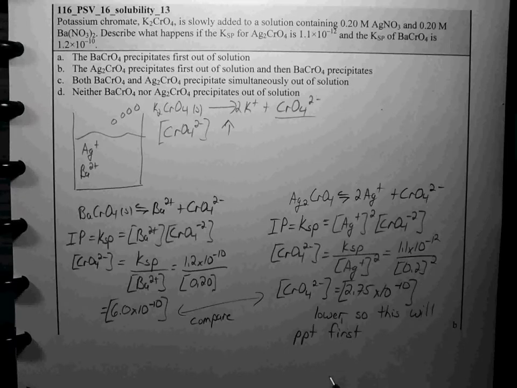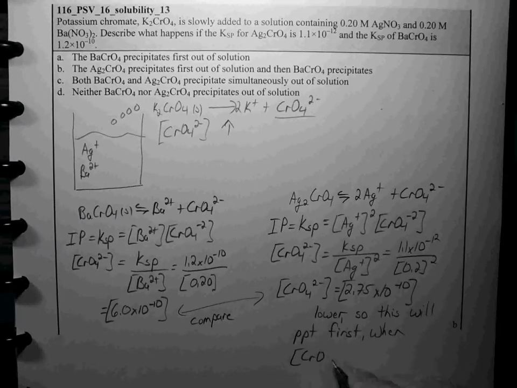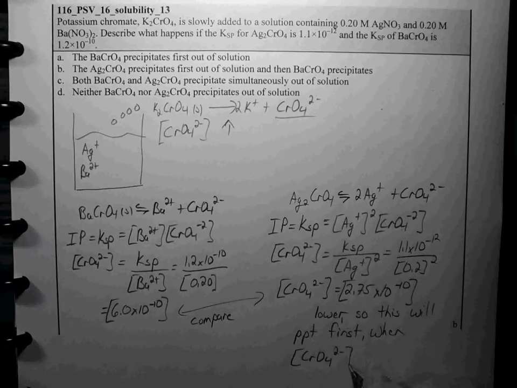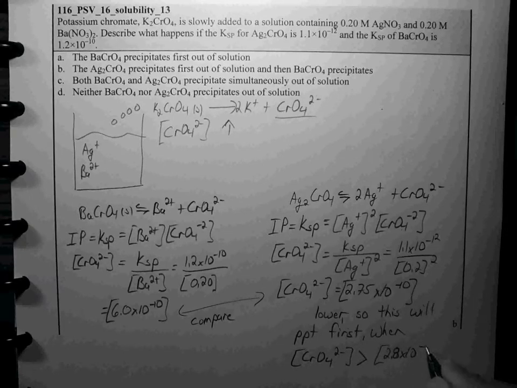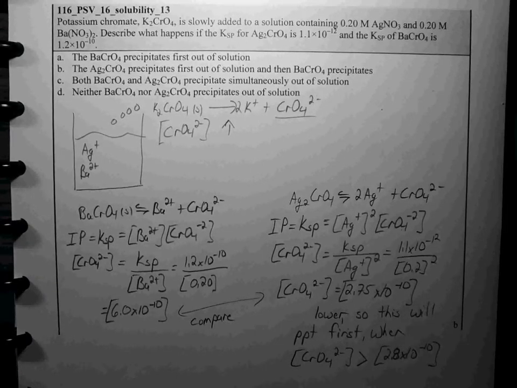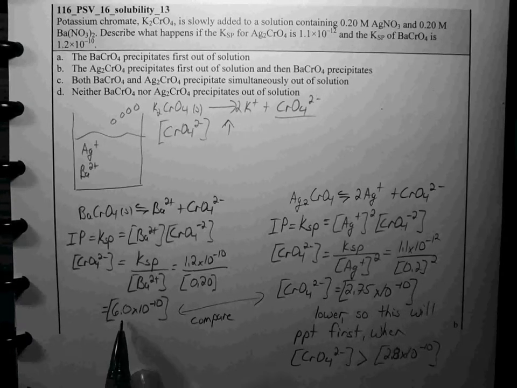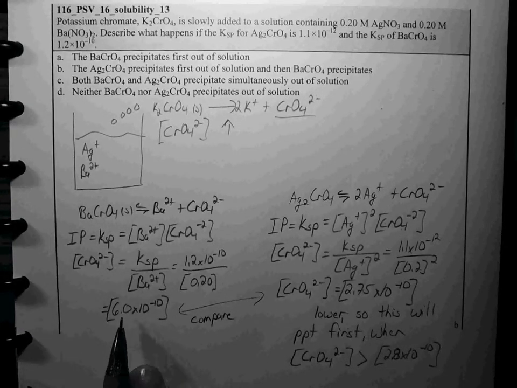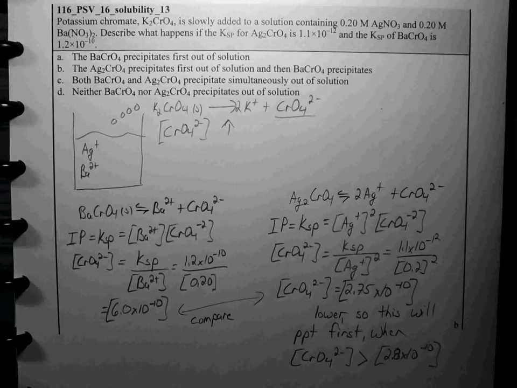And it'll start occurring when the CrO4 2- ion concentration gets a little bit larger than 2.8 times 10 to the minus 10. And when the chromate ion concentration gets up to twice that, about 6 times 10 to the minus 10, is when the barium chromate will begin to precipitate.